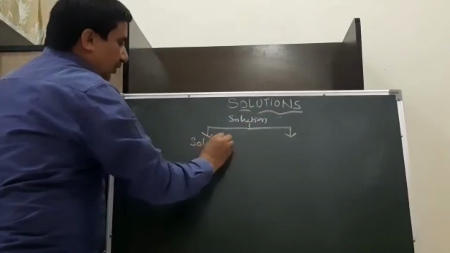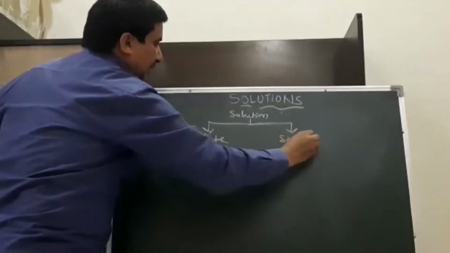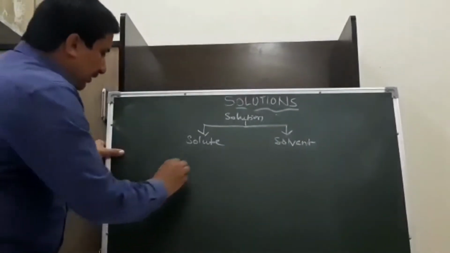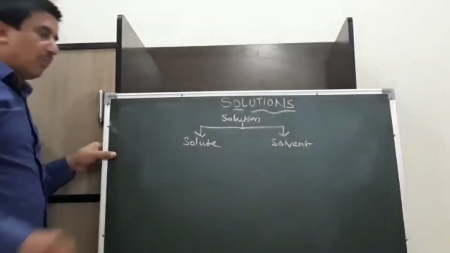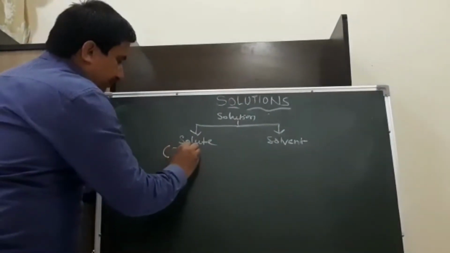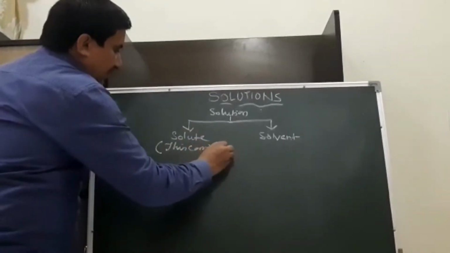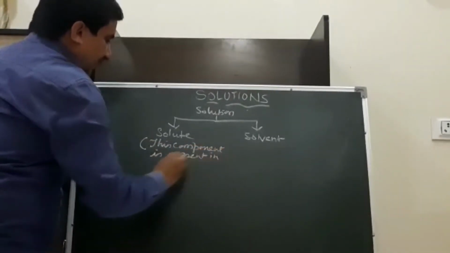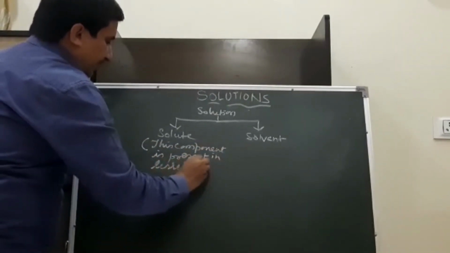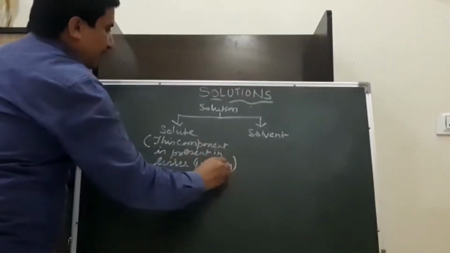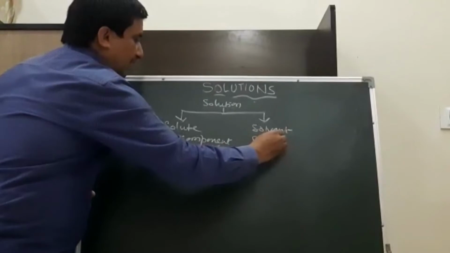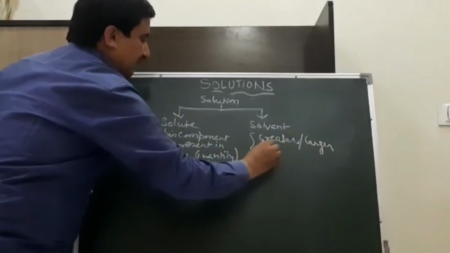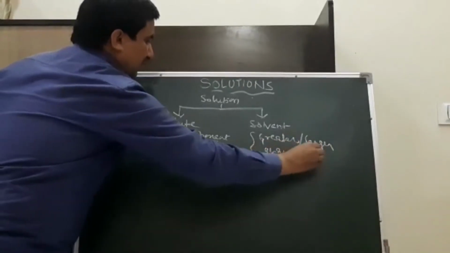In very simple language, generally the component present in lesser quantity is the solute, and the one in greater or larger quantity is the solvent.